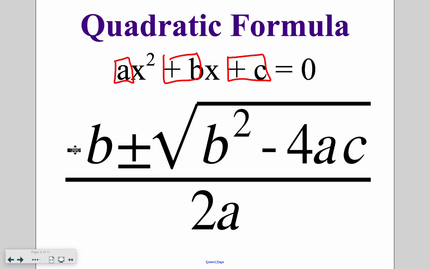It is the opposite of b plus or minus the square root of b squared minus 4ac, the whole thing divided by 2a. Again, opposite of b plus or minus the square root of b squared minus 4ac all over 2a.